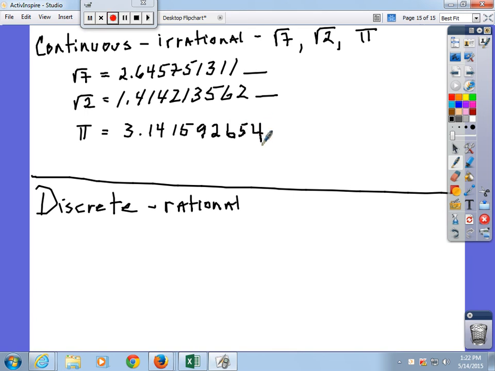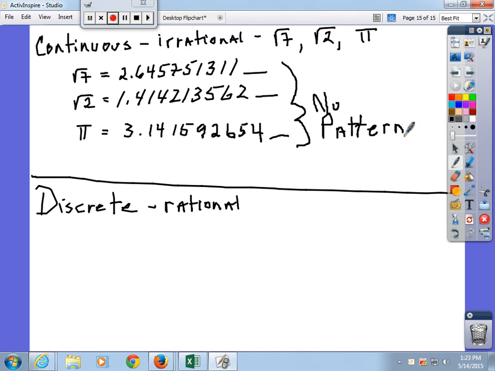Alright. I want everybody to look at this. Here, here, and here, and tell me what the next number is on all three of those numbers. Can you tell me? Why can't you tell me what the next number is? There's no pattern.